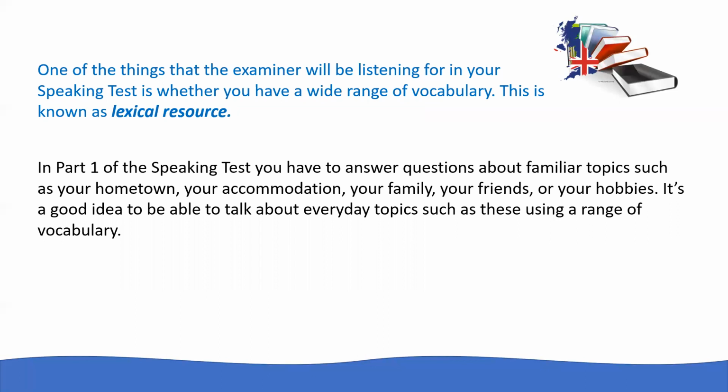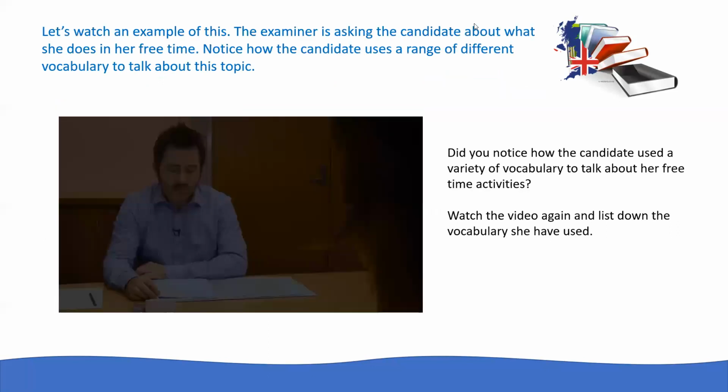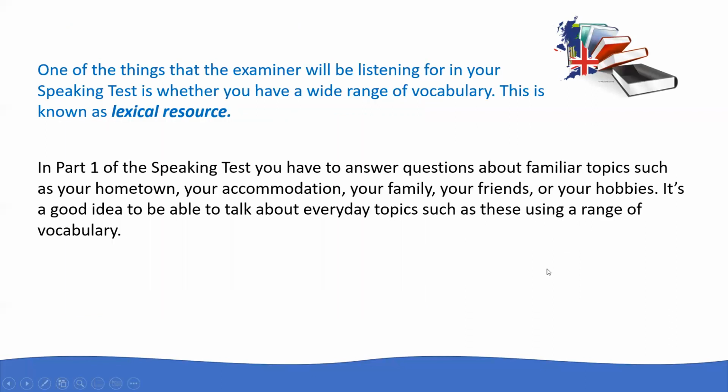So it's a good idea to be able to talk about everyday topics such as these using a wide range of vocabulary. Okay, so what we're going to do is we're going to continue this part because I would like to discuss this and give you some important points and vocabulary words and phrases that we can use.